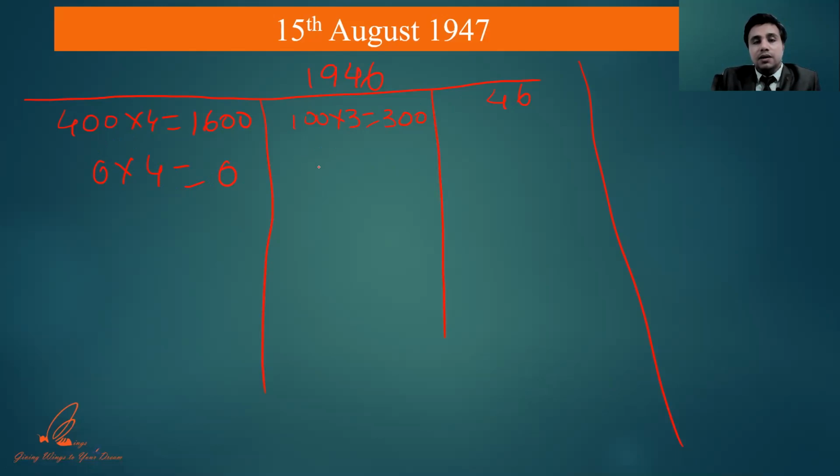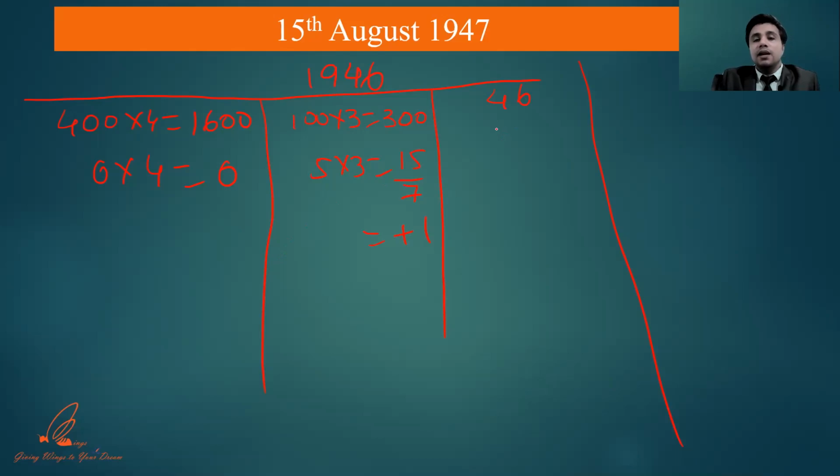Then 300 years, 5 into 3, 15 odd days. 15 by 7, we get just 1 odd day. So for 1900 years, the odd days will be 0 plus 1, just 1 odd day. You can just mug it up: in 1900 years, there's just 1 odd day, because most of the problems will be from the 20th century only.